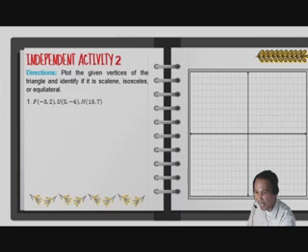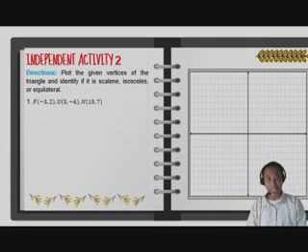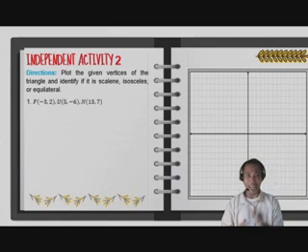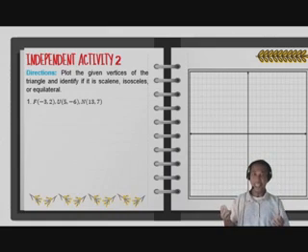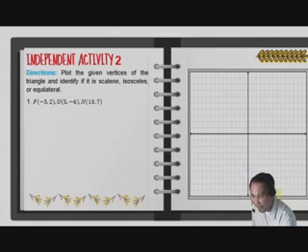Scalene, isosceles, or equilateral. Pag sinabing scalene, no sides are equal. Pag sinabing isosceles, 2 sides are equal. At pag sinabi naman na equilateral, 3 sides are equal. Okay. Number 1. Ayan.